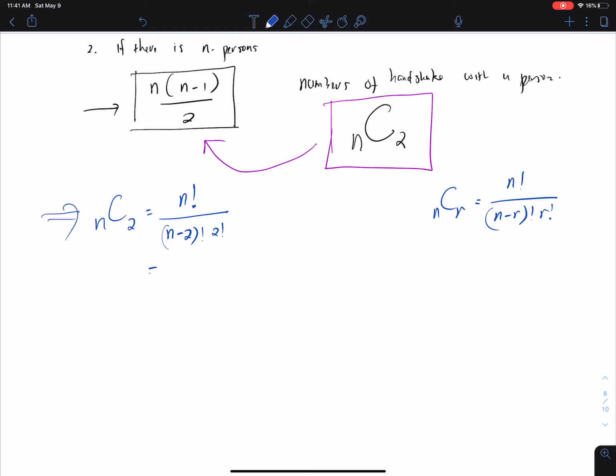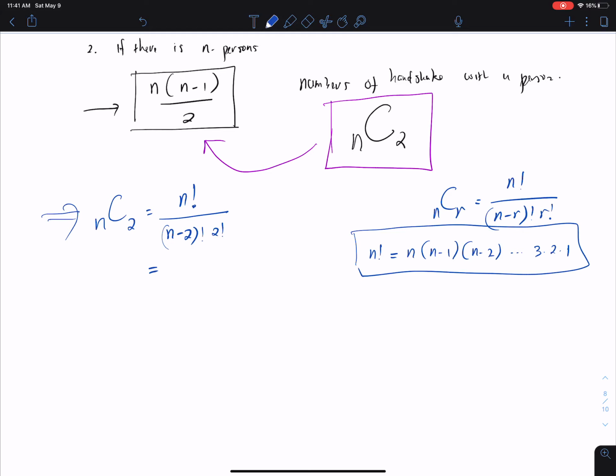If we expand n factorial, remember the n factorial formula is calculated with n times n minus 1, n minus 2, and so on until times 3, times 2, times 1. We already have this, yeah? You can check our previous video. The same thing we can do in here.